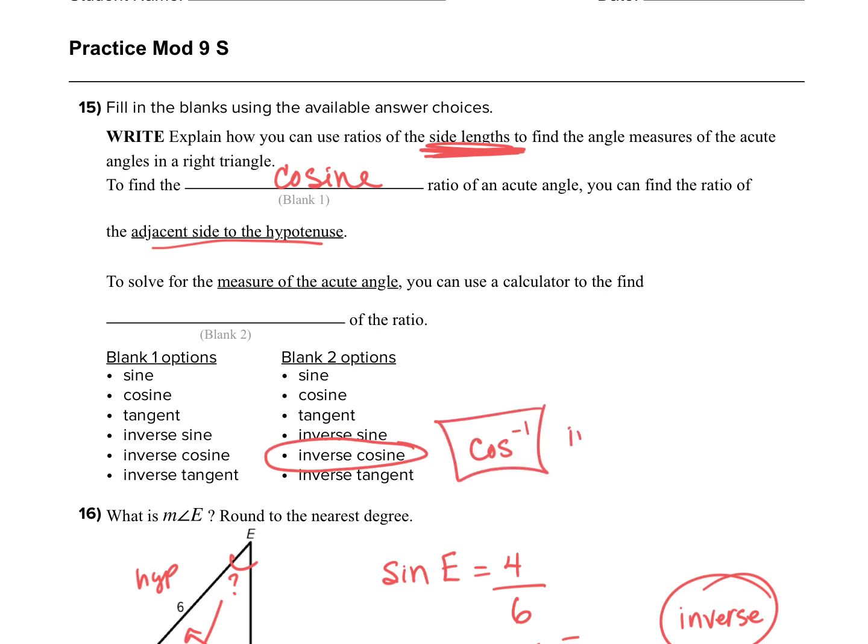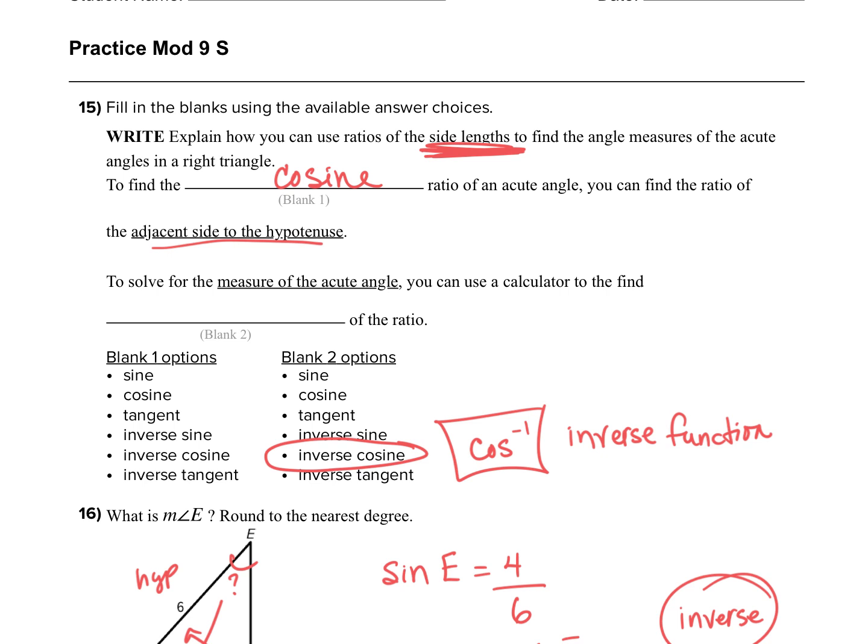That's what we call the inverse function. It's just the opposite, because when you hit the sine, cosine, or tangent buttons on the calculator, you're asking the calculator to give you the ratio, the decimal of the fraction, which we can convert to a fraction to determine the lengths of those adjacent sides and hypotenuse.